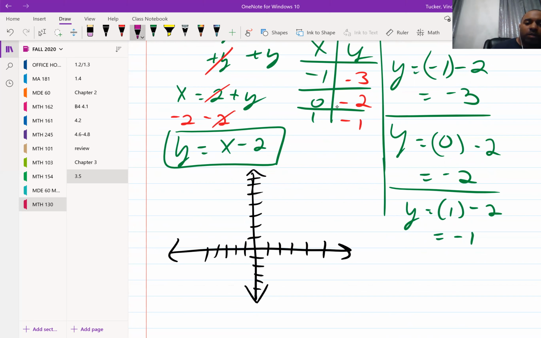So left 1 up 7, 0, 6, 1, 5. Then the next one, negative 1, down 3, 0, 2, right 1, down 1.